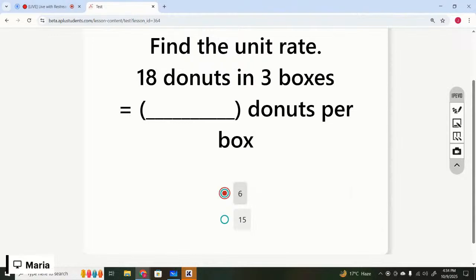That is 6 donuts per box. Option number 1 is the correct option.